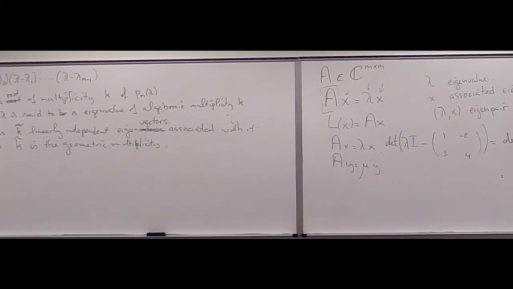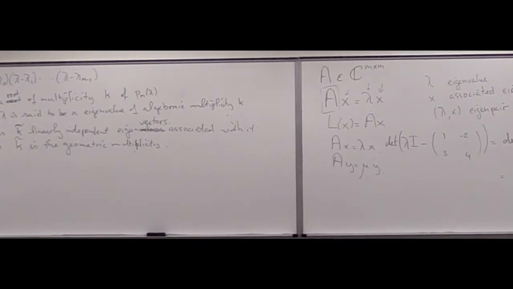And it's easy to show that if a vector is an eigenvector associated with one eigenvalue, then it can't be an eigenvector associated with another eigenvalue that's not equal to it. Okay?